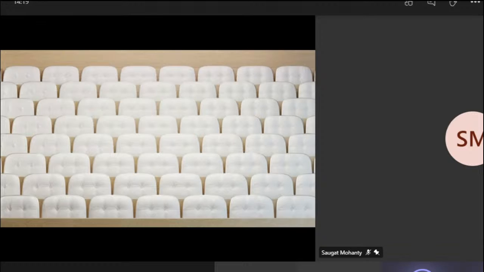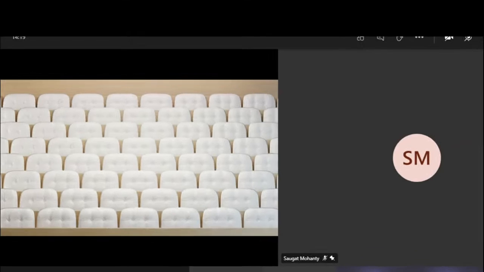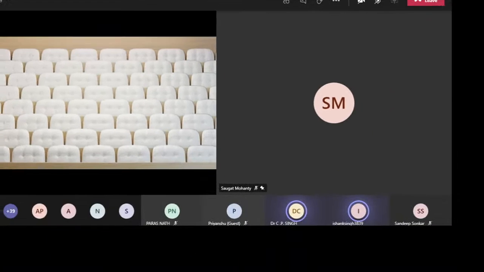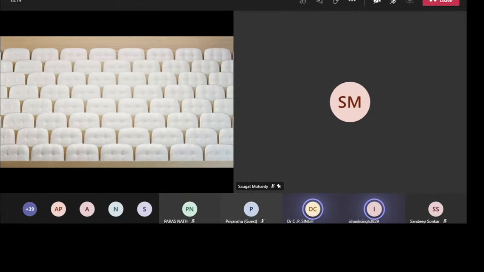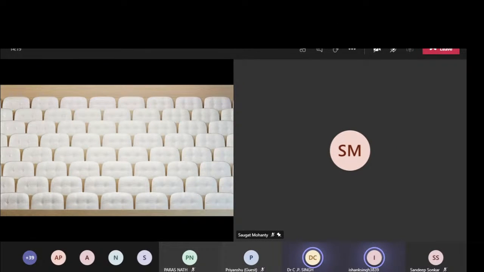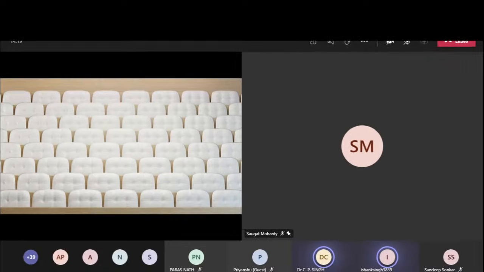Sir, radius, curve tracing, till there we have. Curve tracing is completed. Yes, sir, it was going on. Which type of curve tracing? Whether it is Cartesian, parametric, or polar. Sir, only Cartesian. Only Cartesian is in the syllabus.